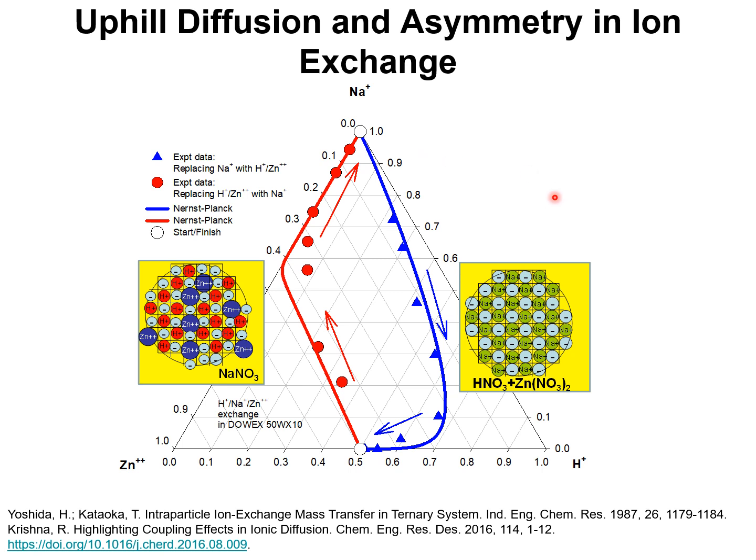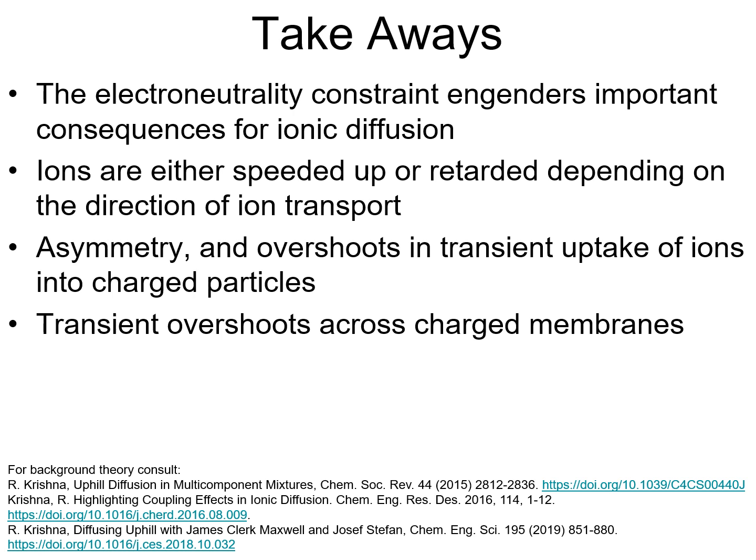This underscores the asymmetry that is inherently present in ternary ion exchange processes. This asymmetry is adequately captured by the Nernst-Planck equations. The takeaways from this presentation are summarized in the slide.